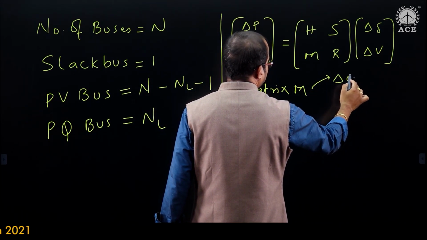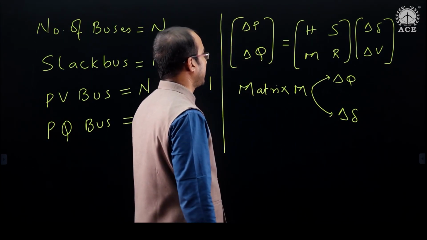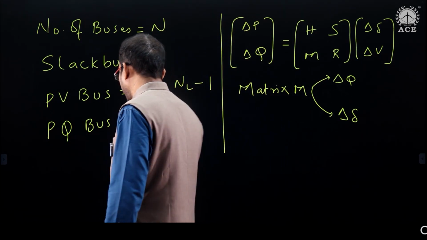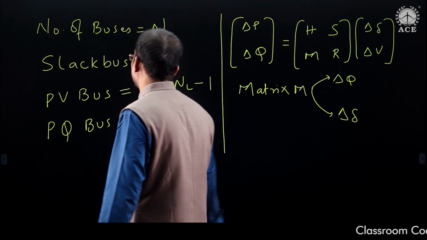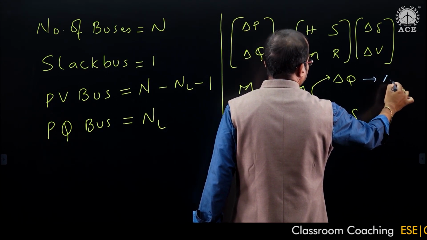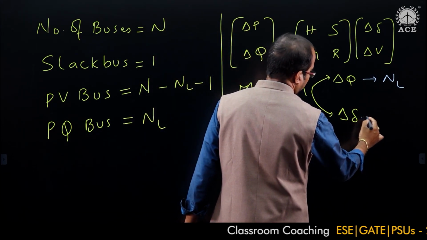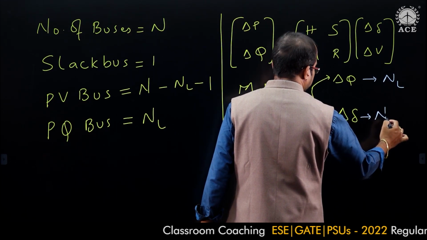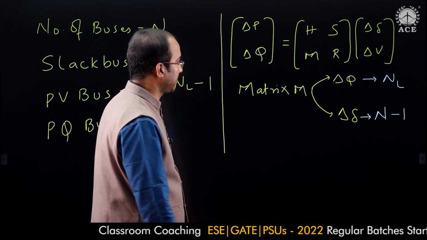Delta Q and del delta. So what will be the number of Qs? The number of Qs will be NL. The number of deltas will be, total number of buses are N, one of the buses is the slack, so N minus 1.